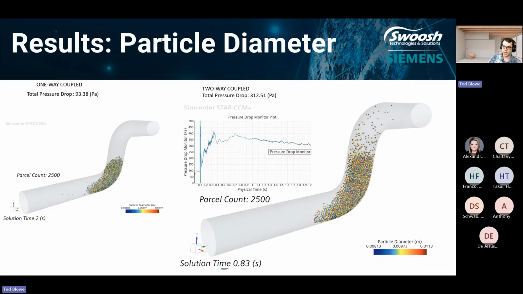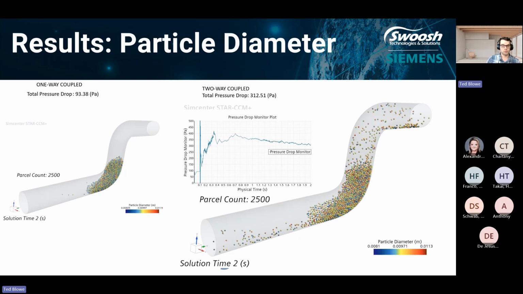So just by having that two-way coupled solution, it increases the pressure drop by 3. If you're trying to benchmark this problem with your test facility, and you run the one-way coupled solution and you're under predicting, the two-way coupled may be necessary in order to capture the complexity of your simulation.